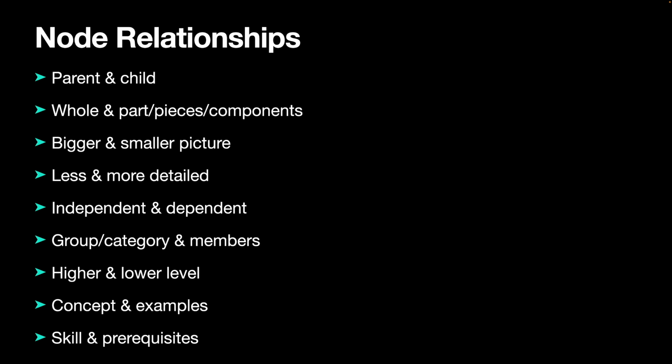You can look at the bigger picture and the smaller picture, less and more detailed, independent things and dependent things, a group or category versus its members, higher level versus lower level, a concept with examples, a skill with prerequisites. That, along with seeing example trees and working with them, should give you a decent idea of what can be a child of what.